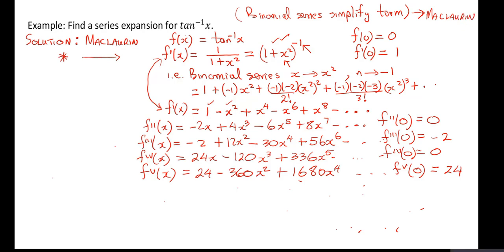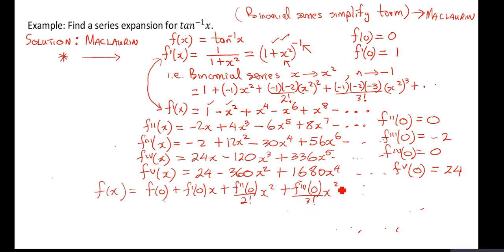And the Maclaurin series formula is f of x equals f at 0, plus first derivative at 0 times x, plus second derivative at 0 over 2 factorial x squared, plus third derivative over 3 factorial x cubed, and so on.